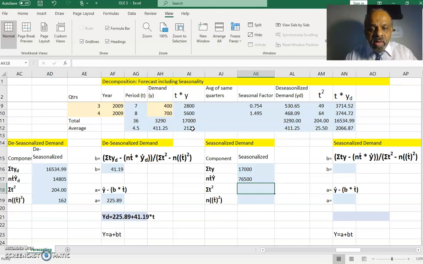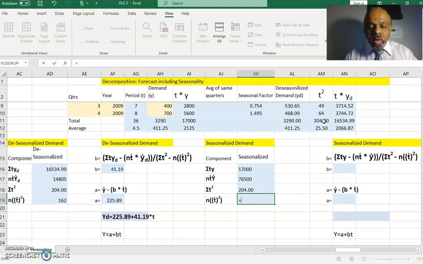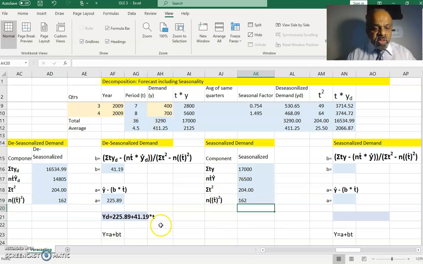Sigma T squared is going to be 204. And N times T average squared is N, which is 8, times 4.5 times 4.5, which is 162.